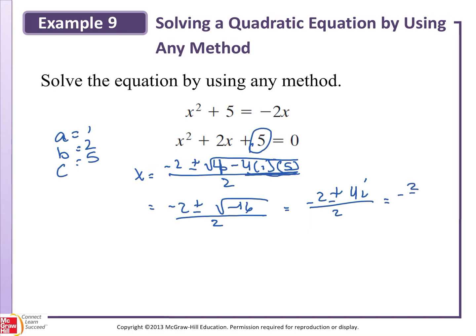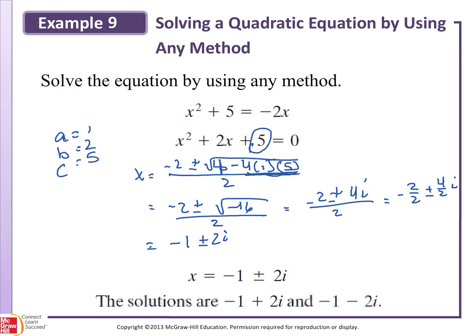So negative 2 over 2 plus or minus 4 over 2 i, which is negative 1 plus or minus 2i. All right, well, that's what they got. We caught up with them. So the two solutions are negative 1 plus 2i and negative 1 minus 2i.